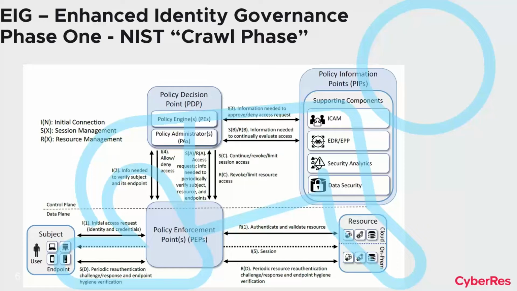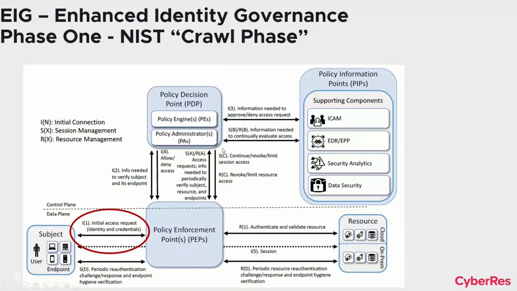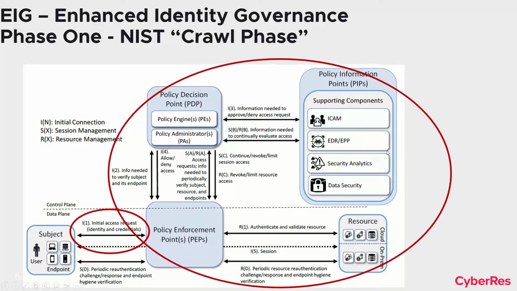So it is a good way to get started. And the purpose is this, right? A user comes in and they have a request to get to a resource. And we have all these systems and controls and moving parts behind the scenes that are all working together to do one thing, right? They want to either allow or deny access.